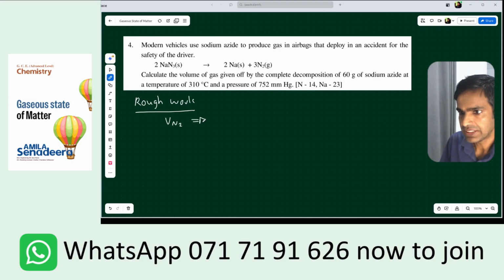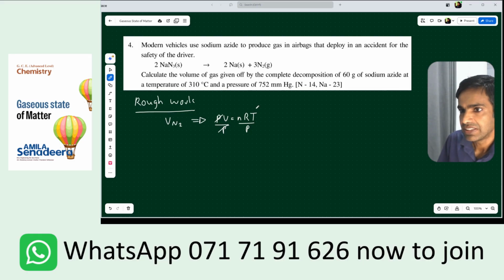So can you suggest a method to calculate the volume of nitrogen gas? We can use PV equals nRT, the ideal gas equation, assuming nitrogen behaves like an ideal gas. Then it's clear that if we know the number of moles of nitrogen, temperature of the nitrogen and pressure of nitrogen, we can calculate the volume of nitrogen.